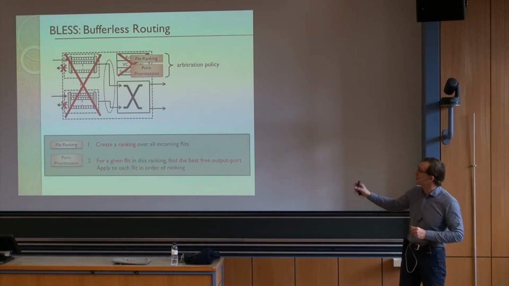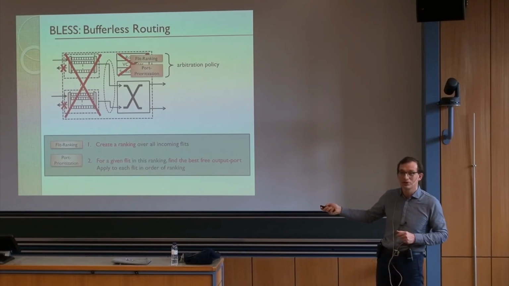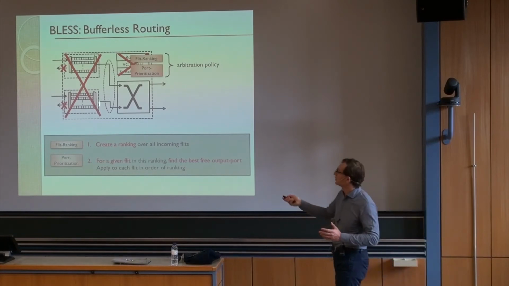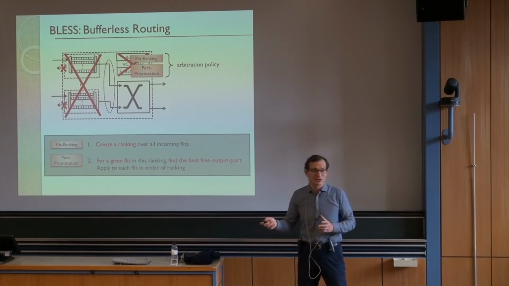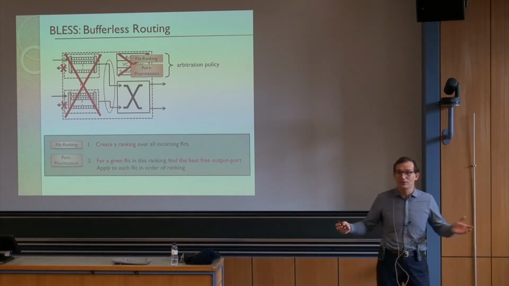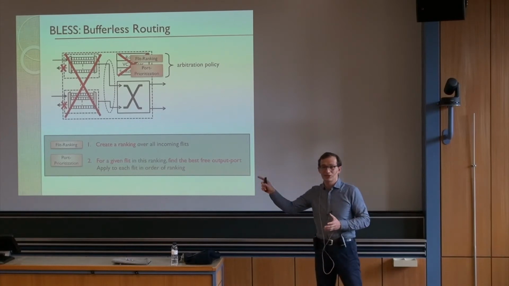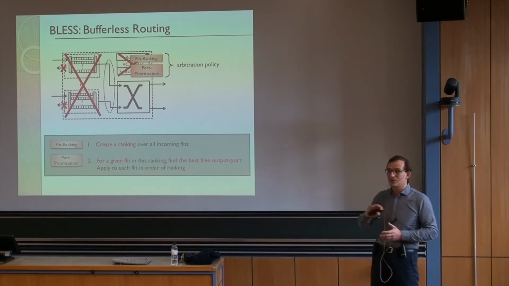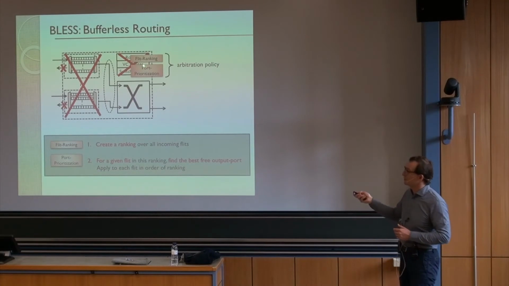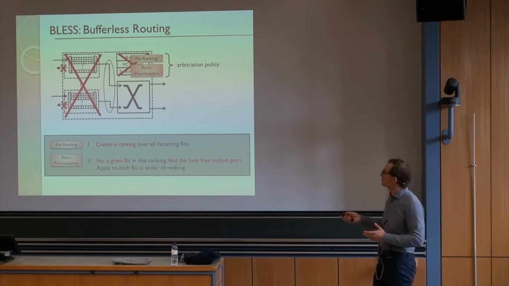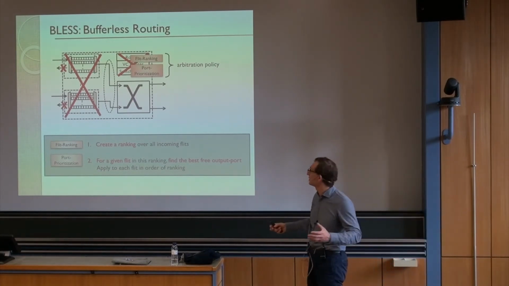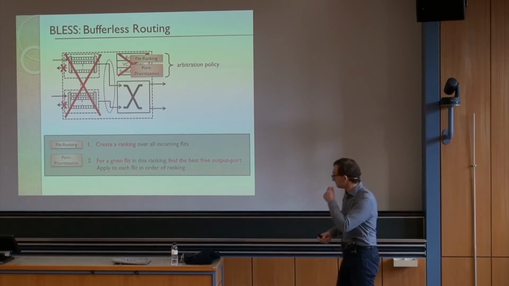Actually, you get rid of deadlock because deadlock doesn't happen anymore, since you're not waiting for buffering resources. Deadlock usually happens because you're waiting for a buffer that is occupied by someone else and you have a circular dependency on buffers. Once you get rid of buffers, deadlock goes away. But you are left with livelock now. You need to ensure that each flit goes to its destination in a bounded amount of time.